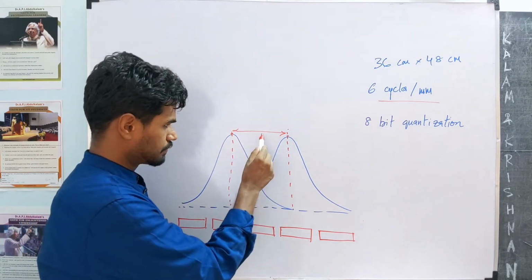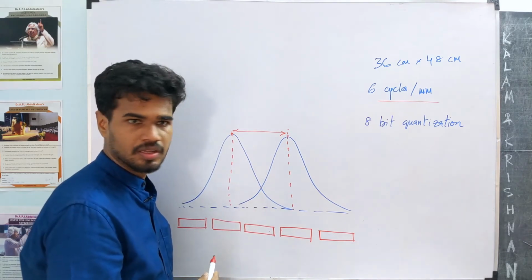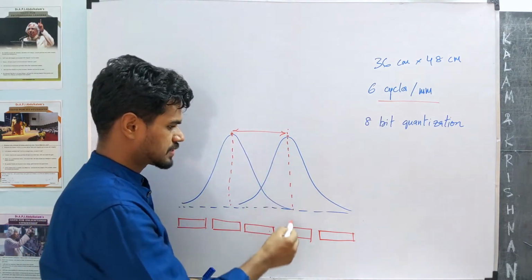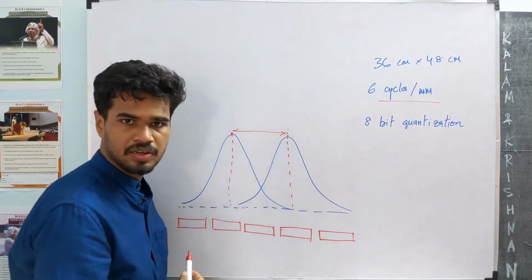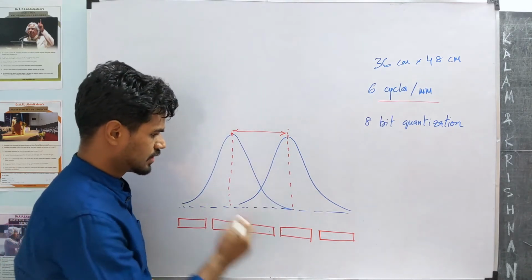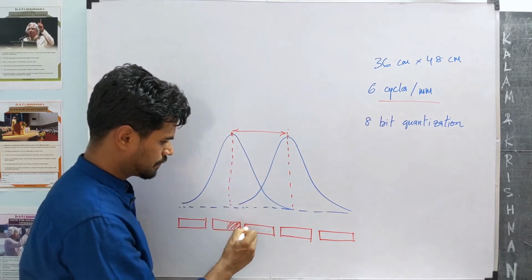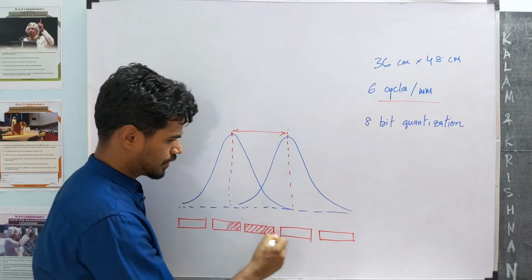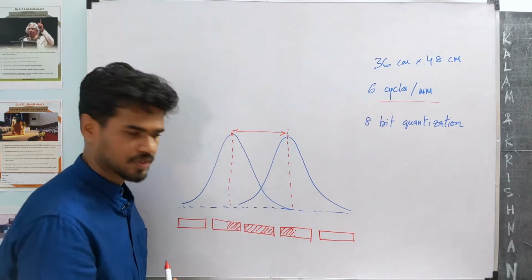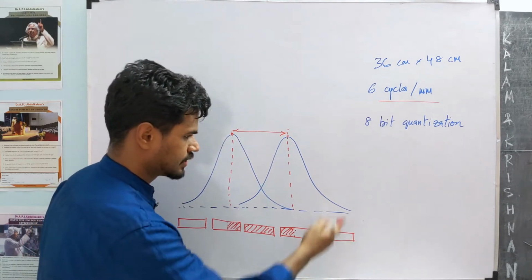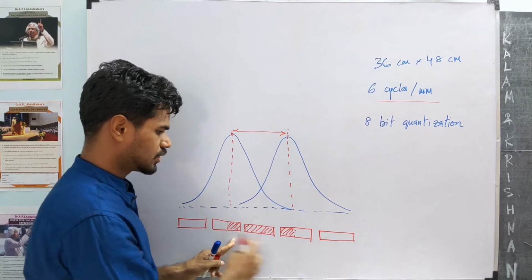For this dark spot, we need another pixel. And again for this peak, we need another pixel. This essentially means for 1 cycle, we need 2 pixels, right? Because this pixel is being shared by the dark spot as well. So 1 cycle needs 2 pixels.